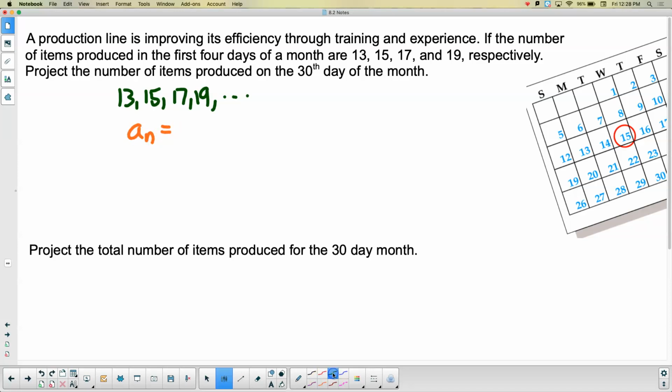So we're going to start out with 13, then go until the 30th day, and our common difference is 2. So 30 minus 1 is 29, times 2 is 58, plus 13 is 71.